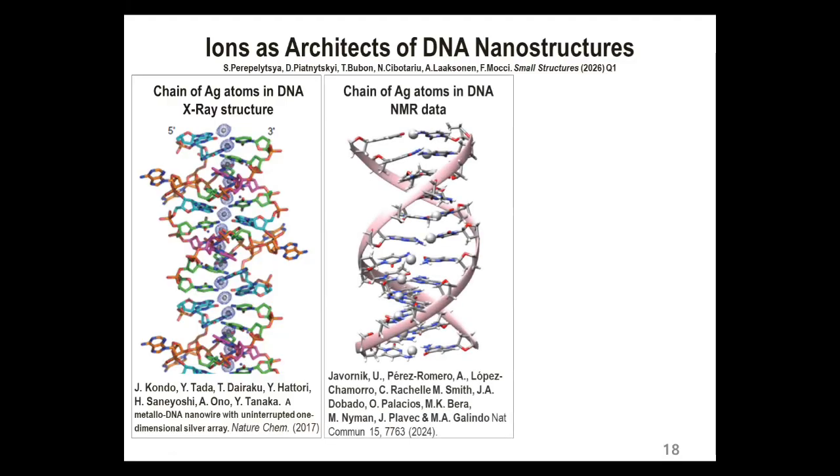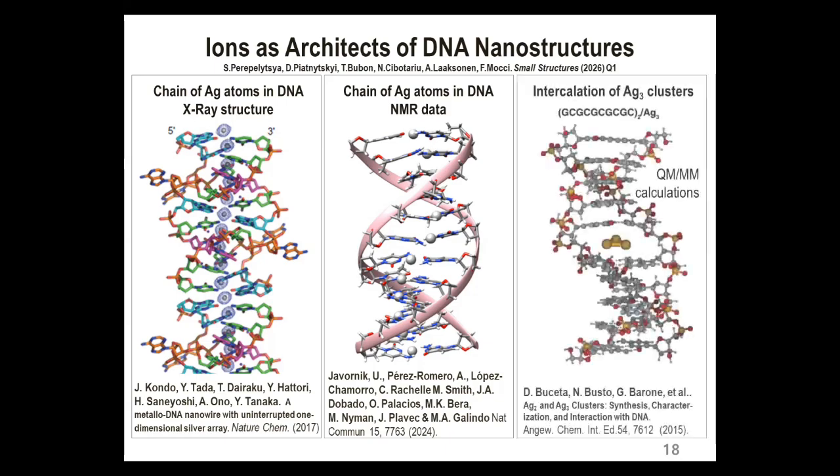Also, this is the result by a Japanese group, and there are other results too. This is X-ray, and this is the NMR result obtained by a group from Ljubljana, Slovenia. You can see here the same silver atoms inside DNA, with a slightly different organization inside DNA.